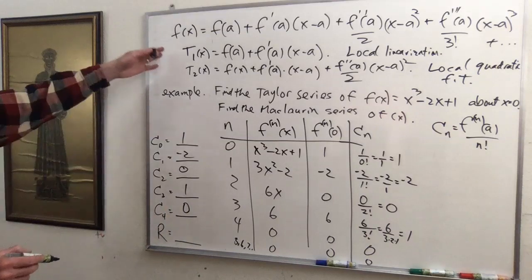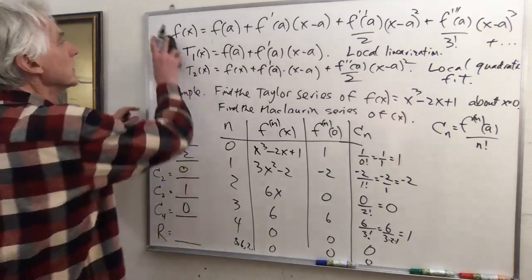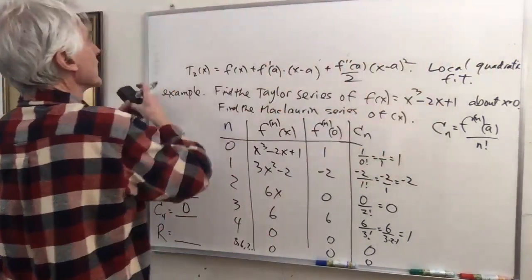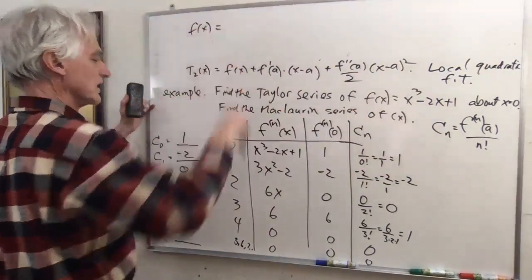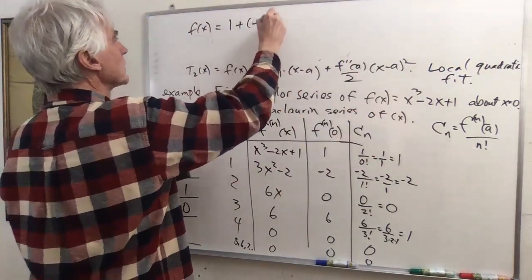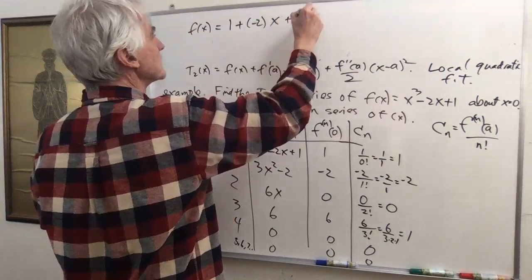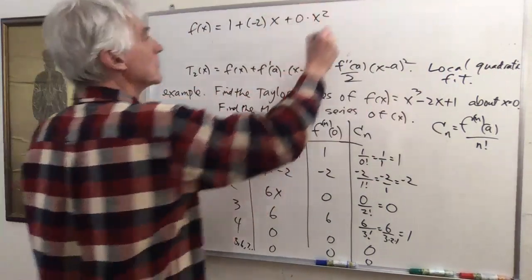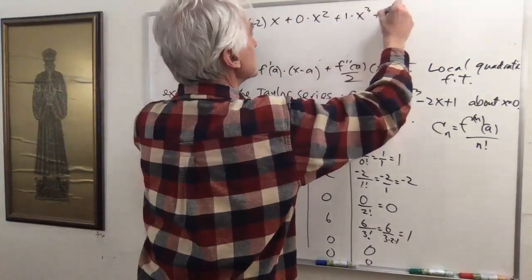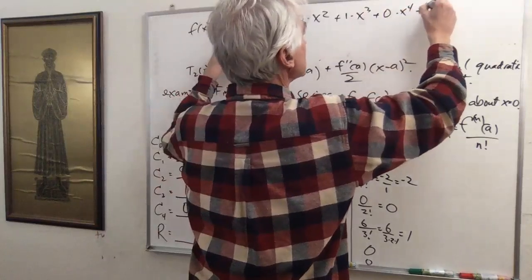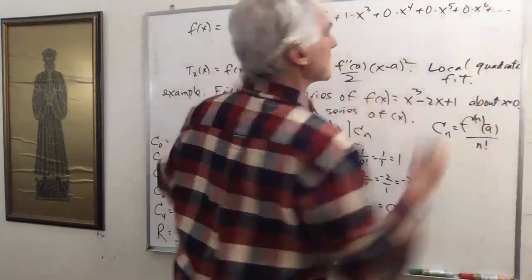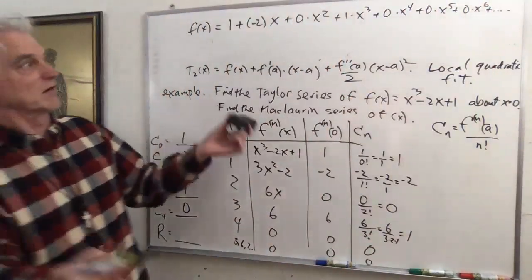So if I put that together in this formula up here, we get that f of x is 1 plus negative 2 times x plus 0 times x squared plus 1 times x cubed plus 0 times x to the 4th plus 0 times x to the 5th plus 0 times x to the 6th plus, I do have an infinite number of terms here, but they're all 0 from then on.